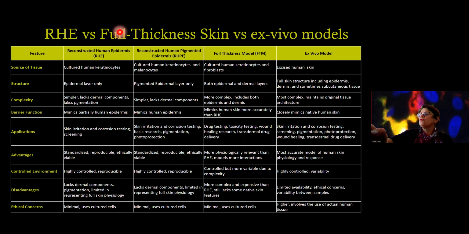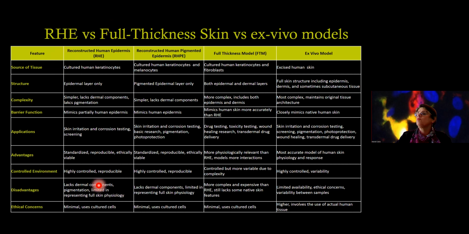So in conclusion, you have these different models. We have to choose them according to what you want to do. If you want to screen some molecule, if you want to test something in the dermal part, you need to have a full thickness model or ex vivo model. If you want to test pigmentation, you need melanocytes. But if you want just to screen, this model is sufficient.